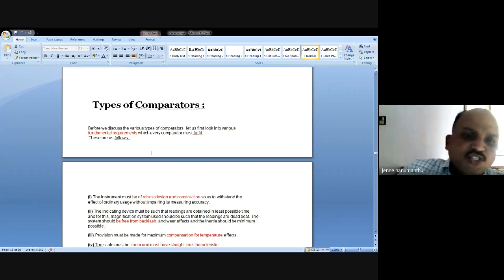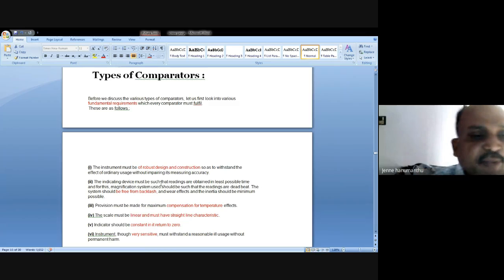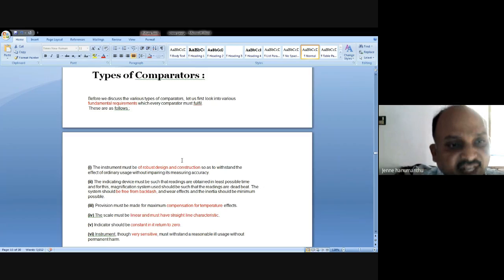A comparator is an instrument, or an arrangement, so it should have some requirements. If the comparator satisfies all the requirements, then it is suitable for knowing the unknown dimensions. The comparator or instrument must be of robust design and construction.